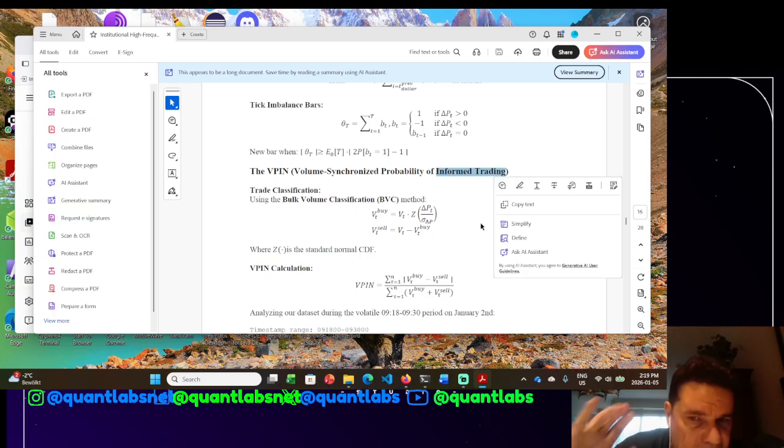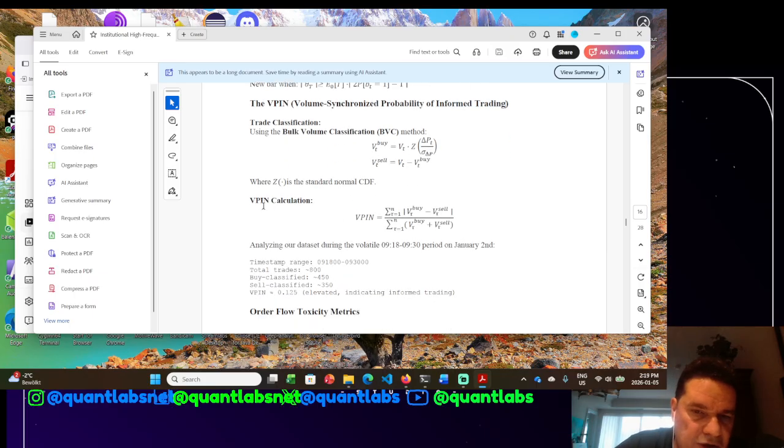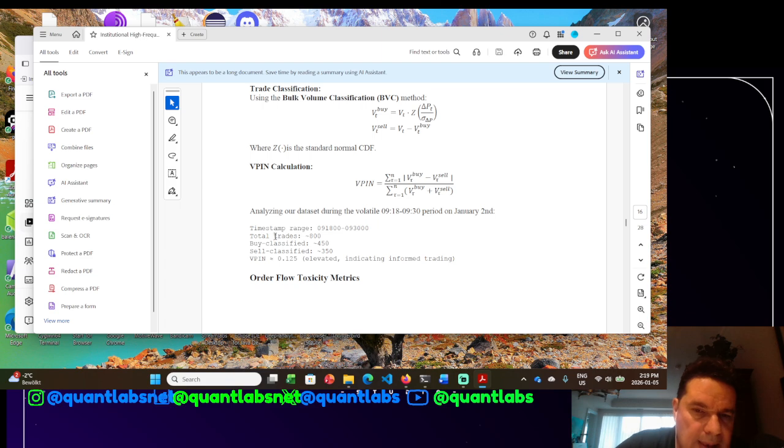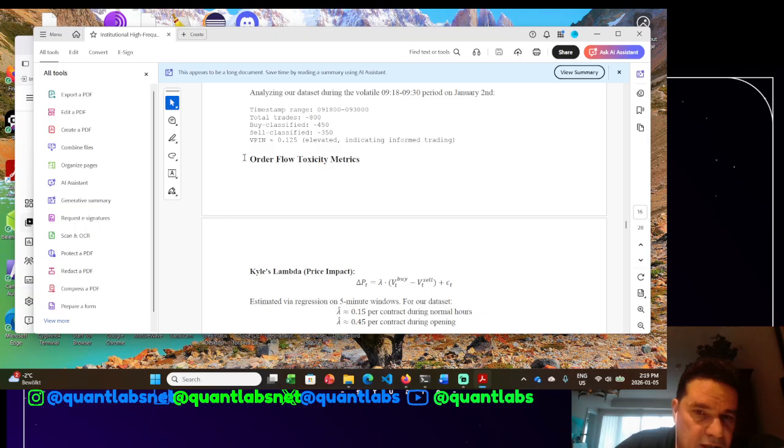So that's where you've got to be very careful to understand the informed trading end of it, bulk volume classification, VPIN calculation. So we're looking at the total trades traded, in this buy and sell classification, and so on. Another one that's really used is order flow toxicity.